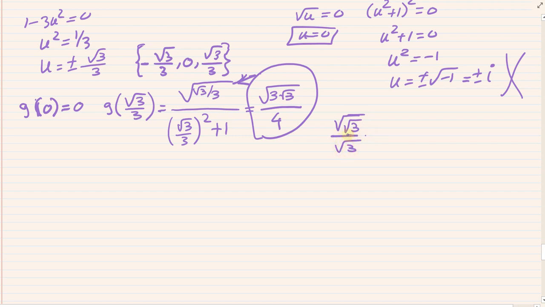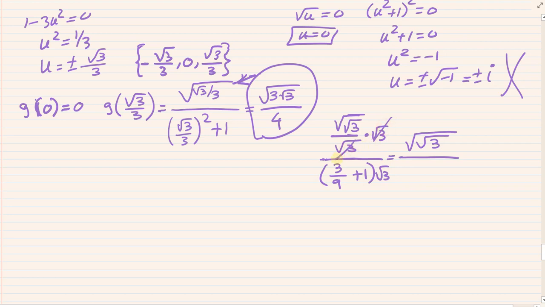Break the radical into two parts. And then divided by, in the denominator, when you square the fraction, we're going to get 3/9 plus 1. And in the numerator, I have root 3. Now multiply top and bottom by square root of 3.